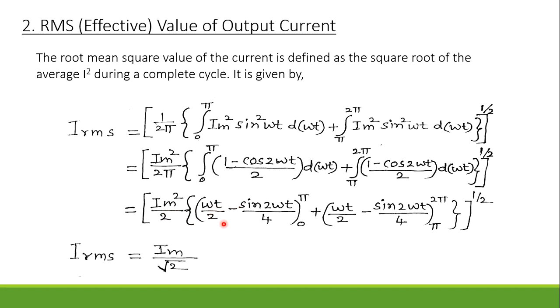Omega t upon 2 minus sin 2 omega t upon 4, limits 0 to pi, plus omega t by 2 minus sin 2 omega t by 4, limits pi to 2 pi, raised to half. If we put the limits, we get IRMS equal to Im divided by root 2, where Im is the peak value of the current.